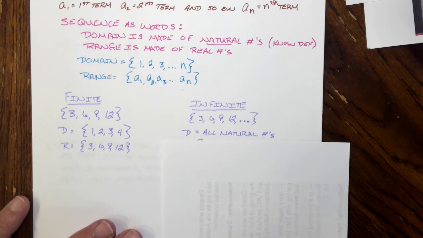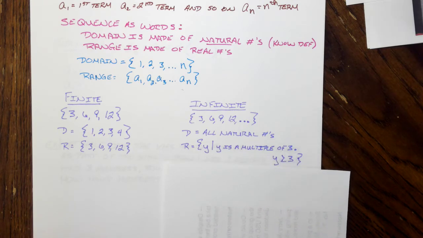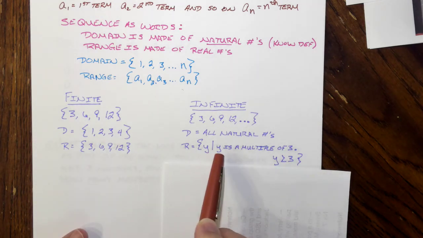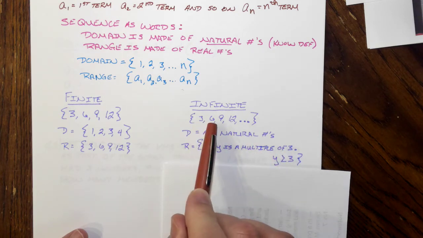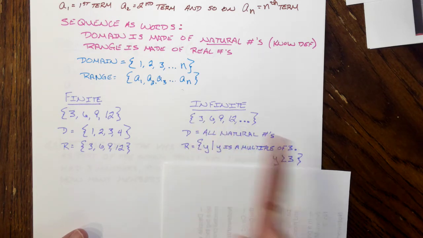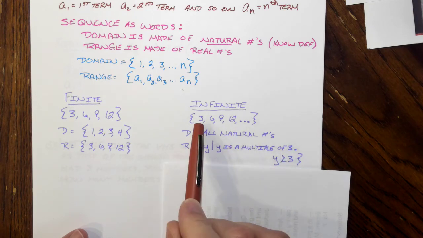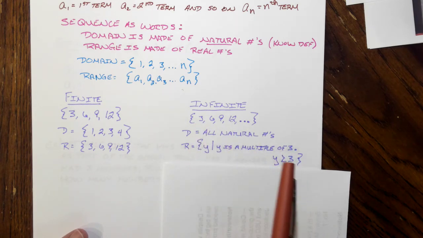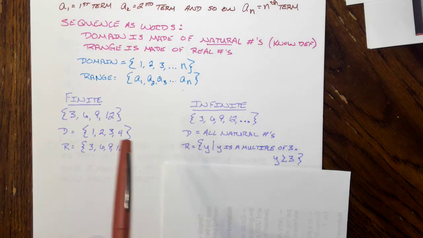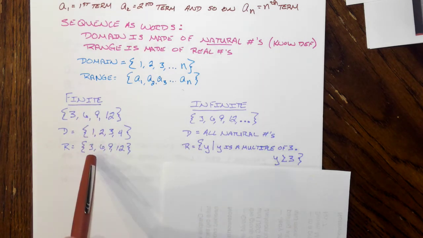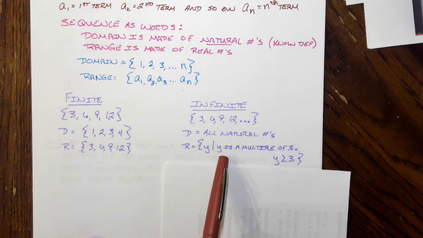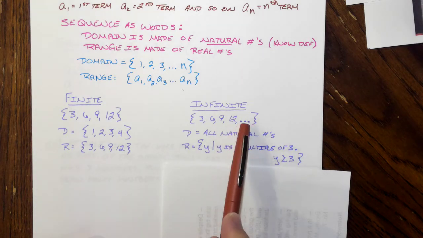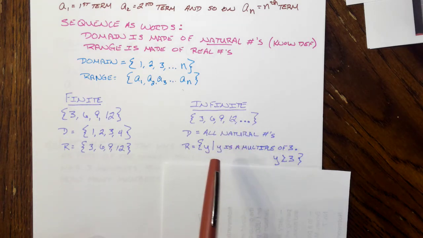Notice the difference. Set builder notation comes back into play. I ran out of room, so that's why it's on the second line here. The range is y such that y is a multiple of 3. We can all see that's what's going on. That's our pattern. And then y has to start off greater than or equal to whatever your first term is. So notice the difference in notation, whether I have a finite sequence or an infinite sequence. Notice all the differences that come into play.